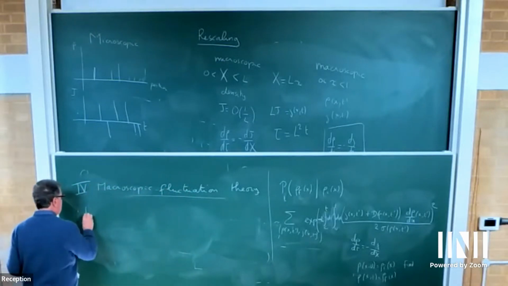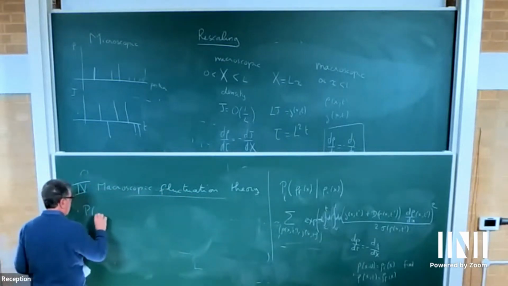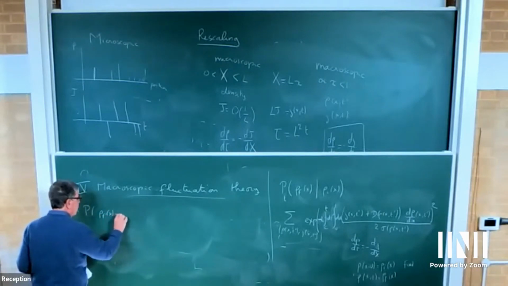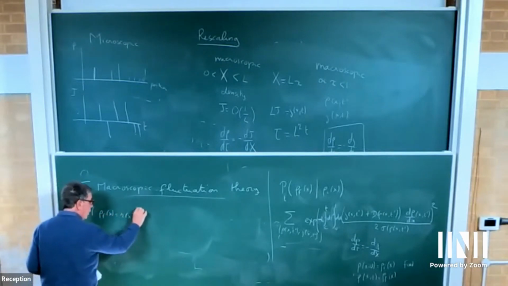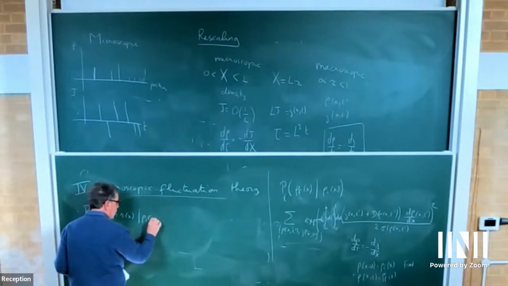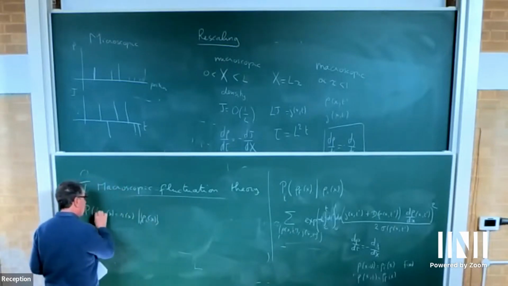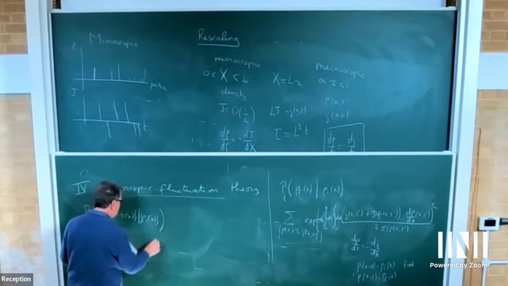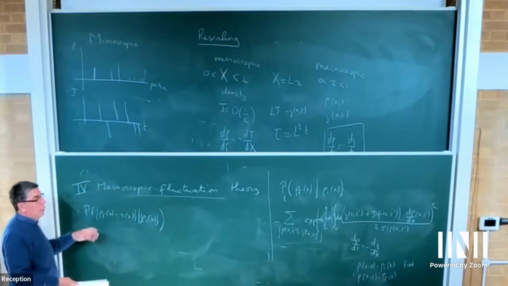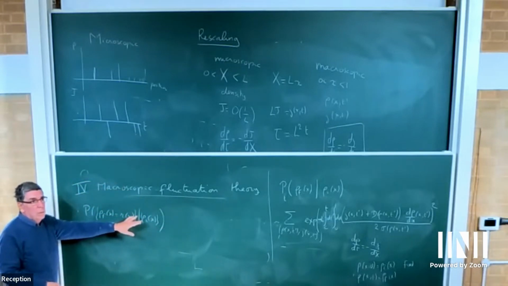What is the probability that the final rho of x is equal to some R of x, given the initial profile? Everything else here is constant: the probability that I observe a certain profile given the initial condition.